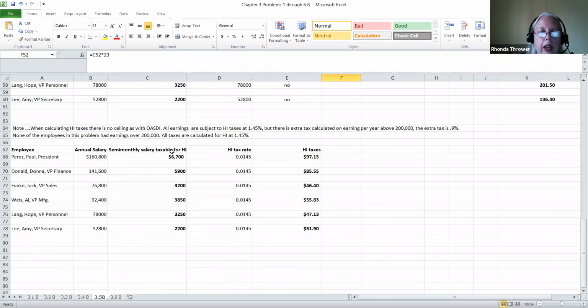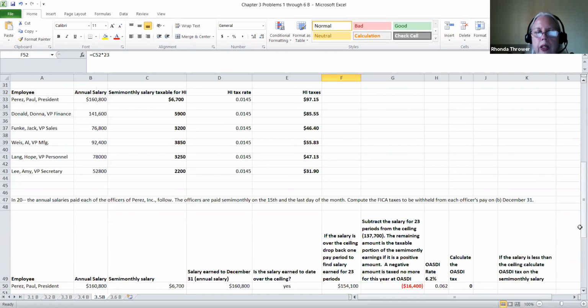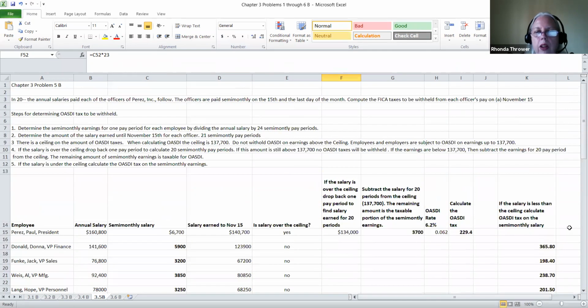So the HI taxes are just the semi-monthly salary times the HI tax rate. That's how you calculate the HI taxes on this. So I hope this has helped you a little bit with learning about the OASDI ceiling or cap. Just be careful of that when you're calculating your problems.